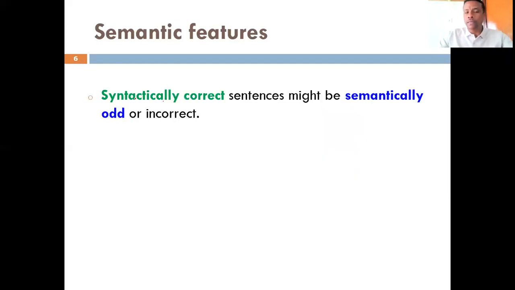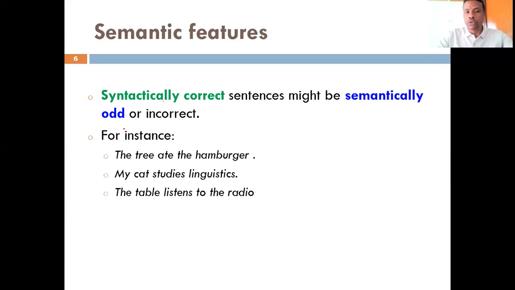A semantic feature is concerned with avoiding semantic oddness or incorrectness in a syntactically correct sentence. For instance, if you say "the tree ate the hamburger," why do we say this sentence is wrong? Let me know.